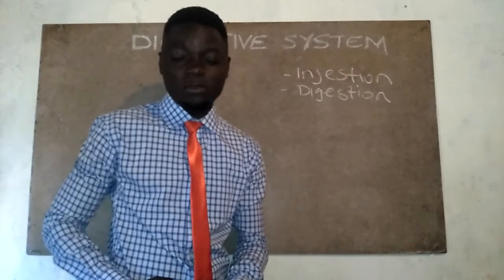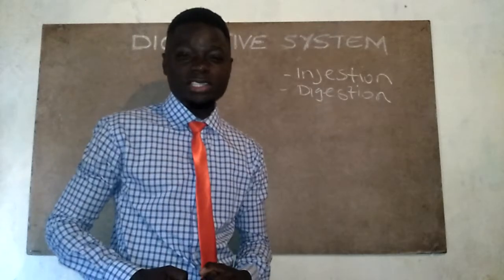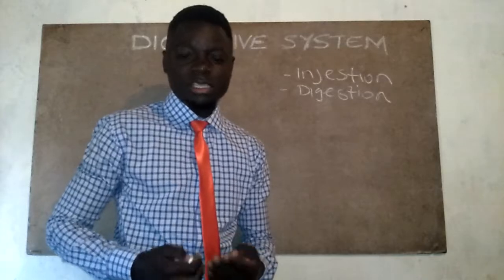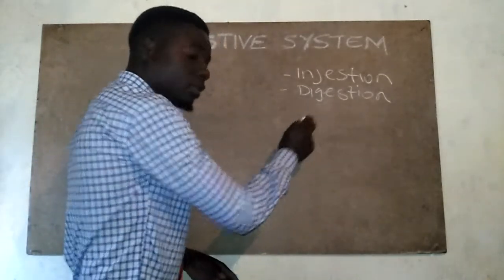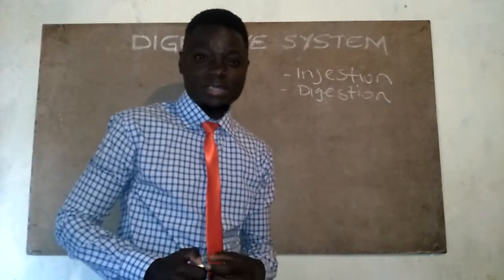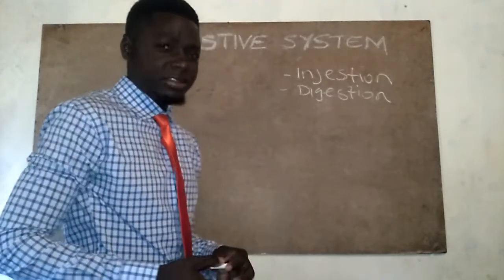Physical digestion involves the breaking of larger molecules of food into smaller ones using the teeth physically, without involvement of chemicals. But chemical digestion involves the digestion of food using enzymes or other chemicals such as gastric acids in the stomach.